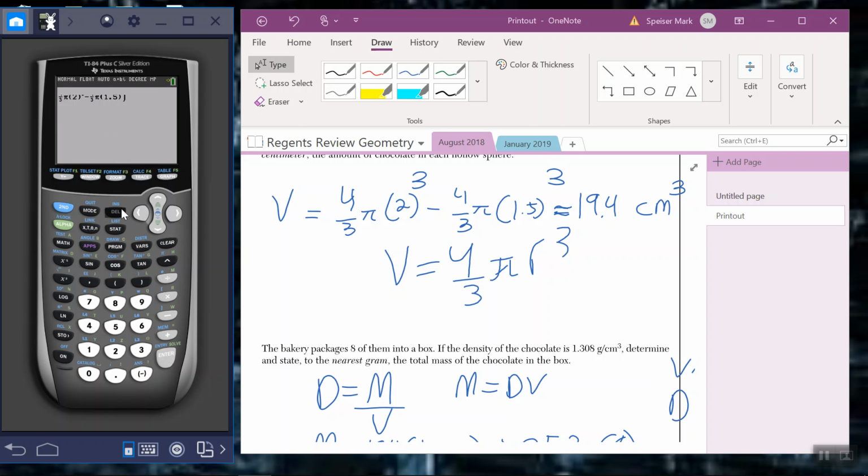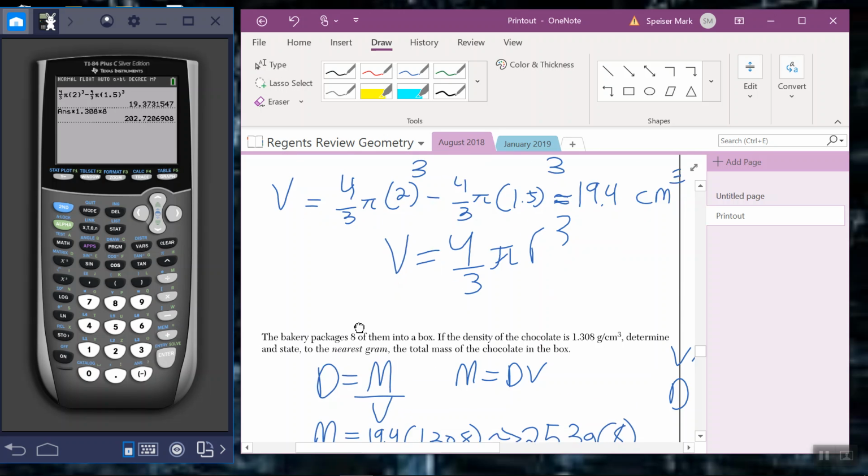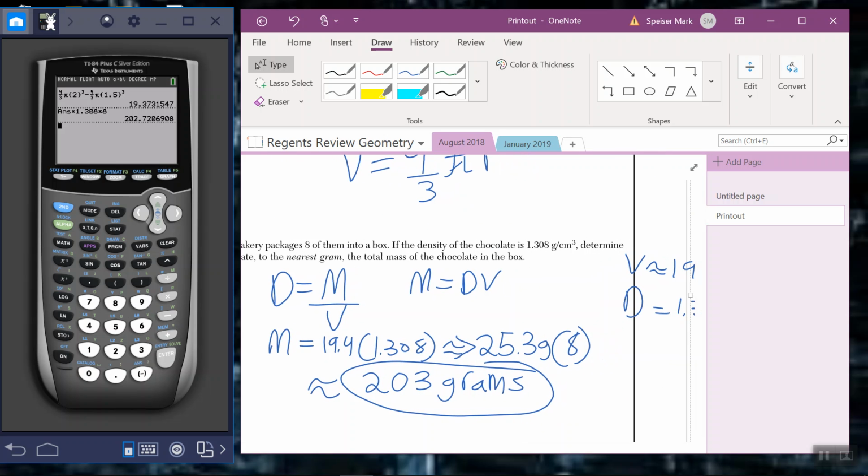Oops, an extra parenthesis, delete that. It is 19.4. Then you take the 19.4, second answer, you don't want to round, times the density, 1.308, times the 8 chocolate spheres, and you get 202.72, which is exactly our answer, 203 grams.